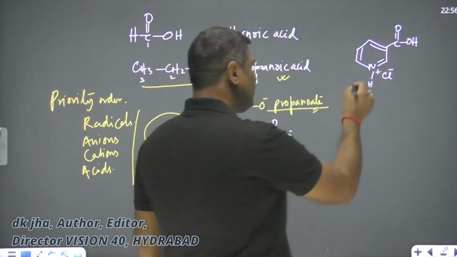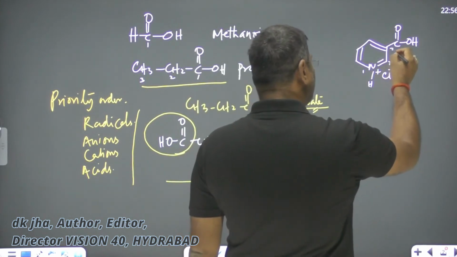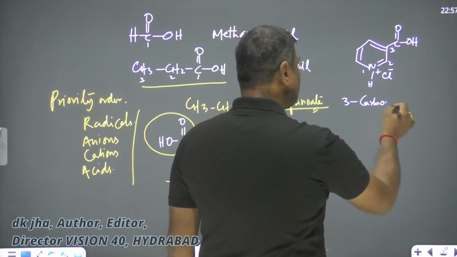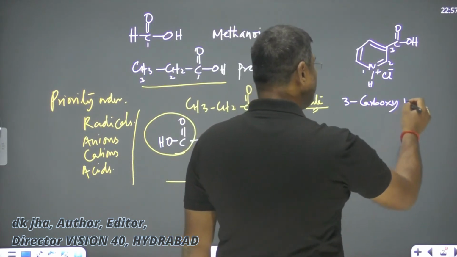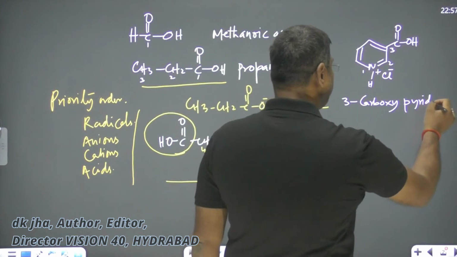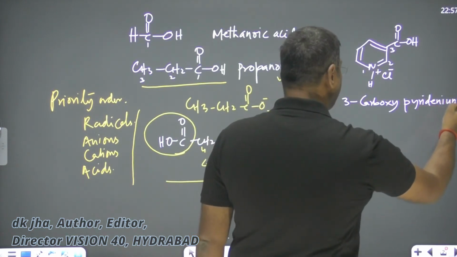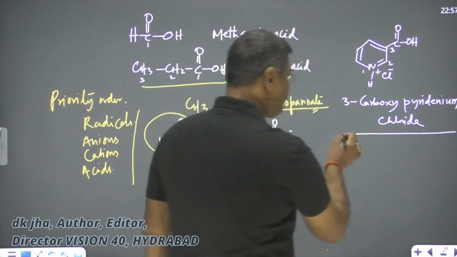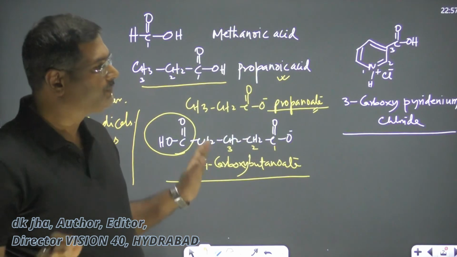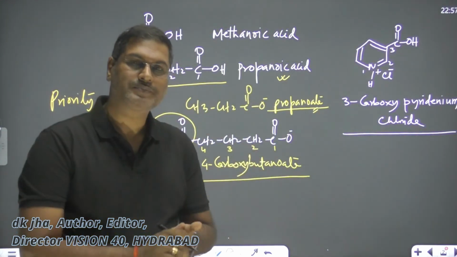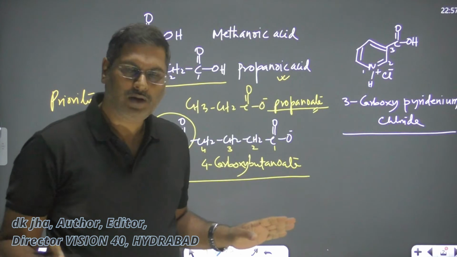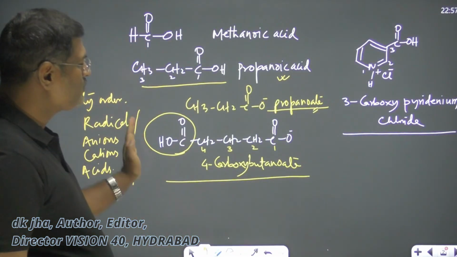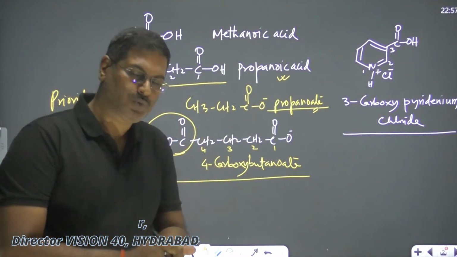And so, with respect to this one, 1, 2 and 3, we say 3-carboxypyridinium chloride. Yes, it is named like this. Now it is very clear how and where we use the prefix of COOH.